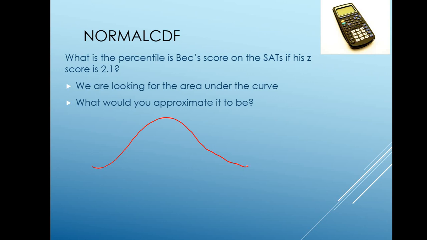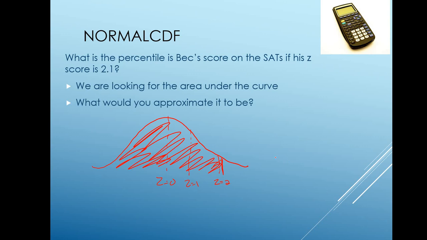So if I have this normal curve, and we got z equals 0 here, we'll say z equals 1, so z equals 2 is about here, and we're right after that, so we're looking for this area under the curve.